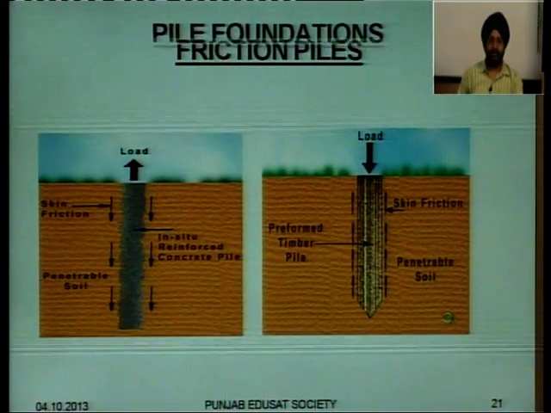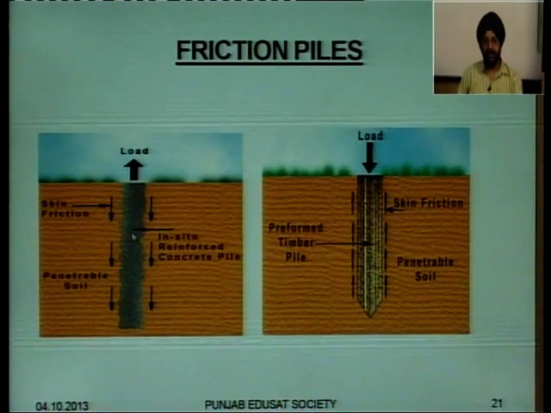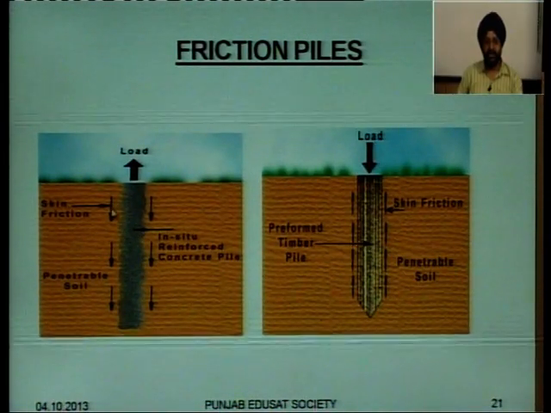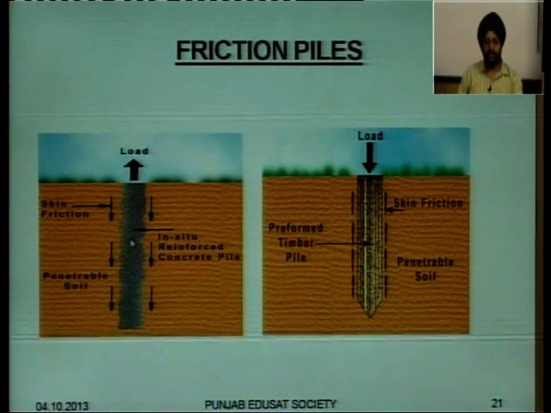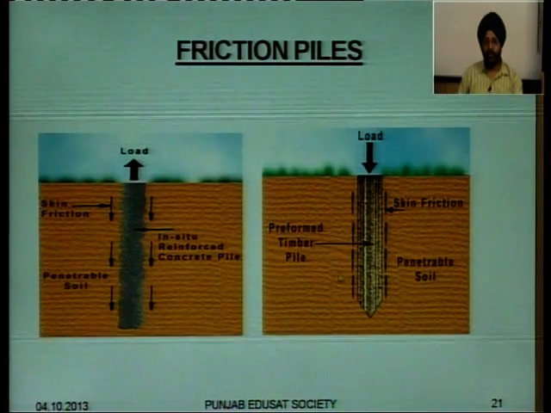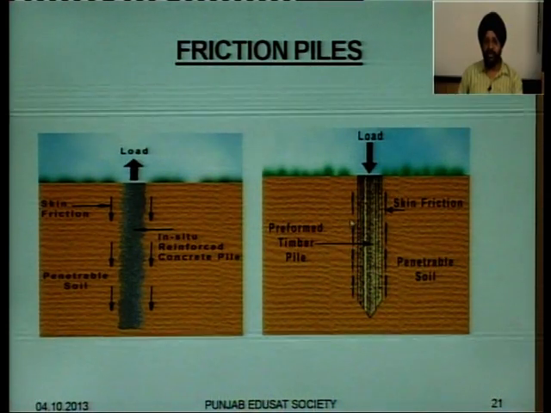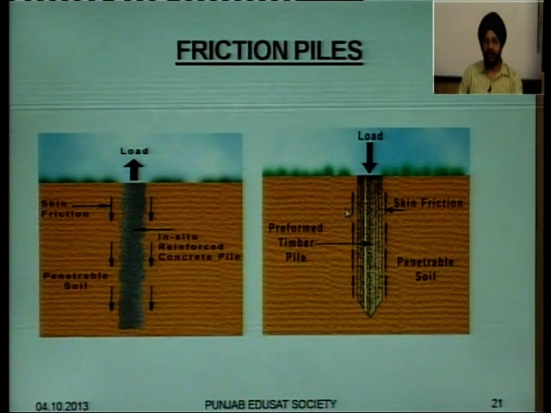Look at this. Now, these are again an example of timber pile and in situ reinforced pile, and there is a skin friction between this soil and this particular pile. Once again, look at this. This arrow is indicating the skin friction between this pile and this soil.